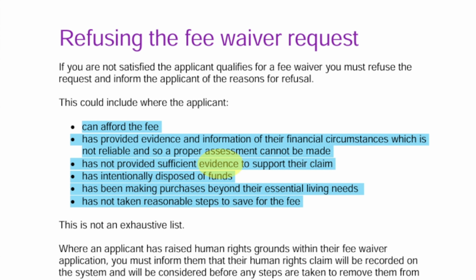Other reasons: has not provided sufficient evidence to support their claim, has intentionally disposed of funds, has been making purchases beyond their essential living needs. For example, you purchased an iPhone or you got a contract for an iPhone, etc. So that will clearly impact your application. Has not taken reasonable steps to save for a fee. So they can refuse your request in any of these cases.